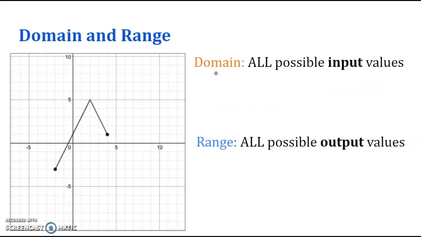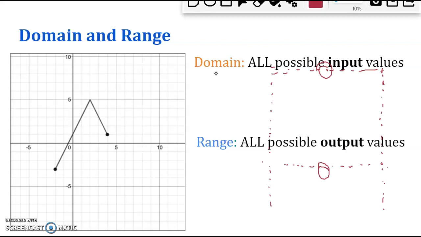Again, domain is all possible input values in words. So how do I do this? Probably the easiest way is to draw how far the graph extends. Okay, on the x-axis, it extends from here, and then the maximum x is down here. Now what about the y-axis?